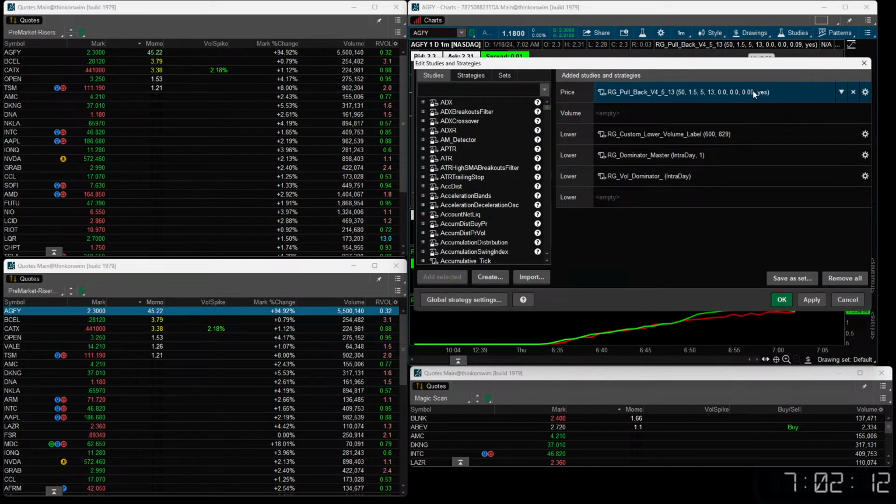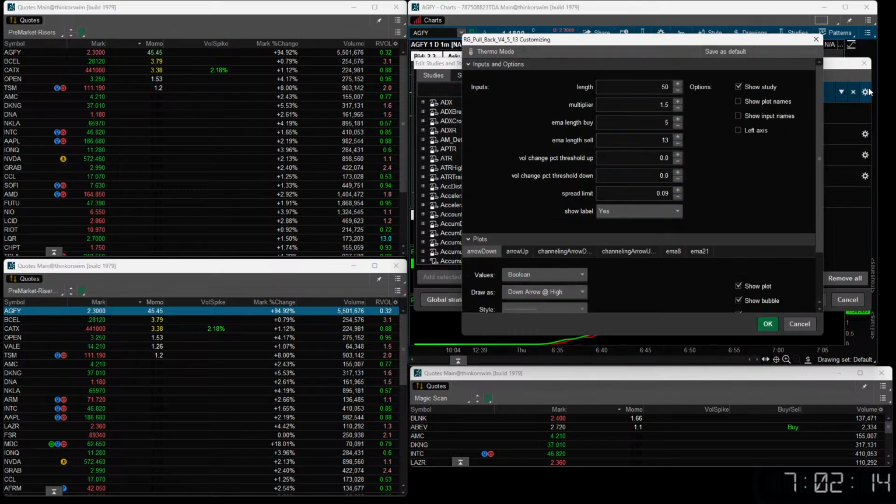I'll look into it and see. That's my current settings on V4. I don't think I've changed anything on it.